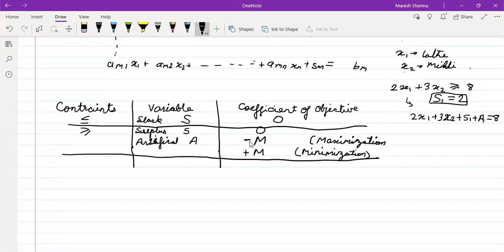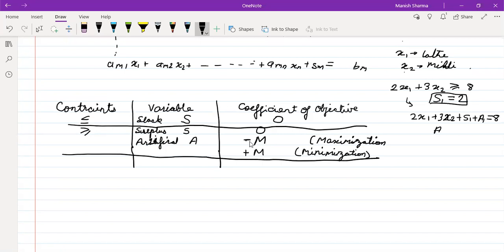That's what I have written here, that we will add a surplus variable s and an artificial variable a. So surplus variable s and artificial variable a are added to make the constraint greater than or equal to as equal to.